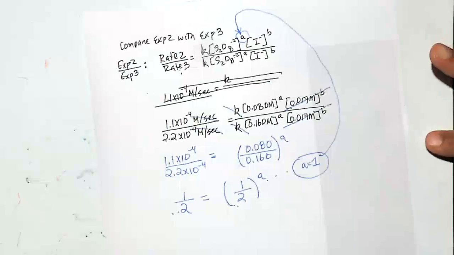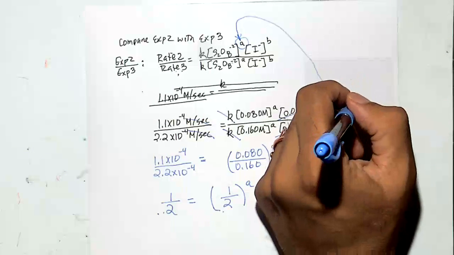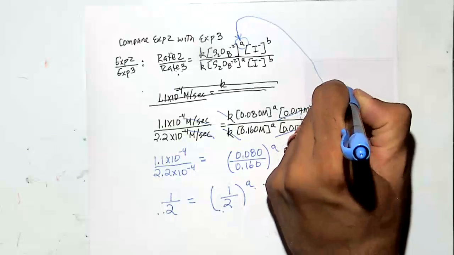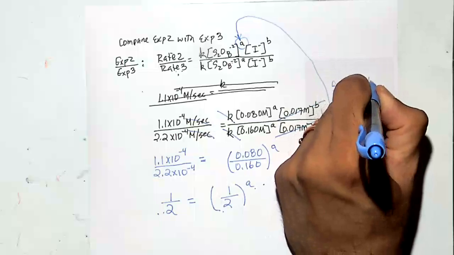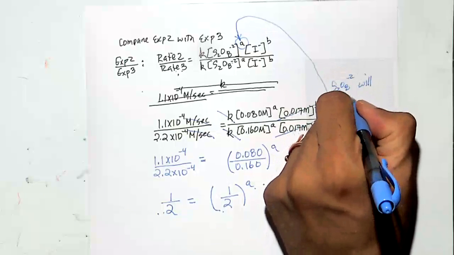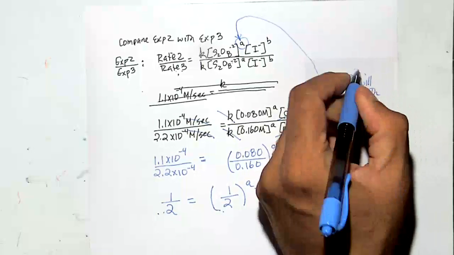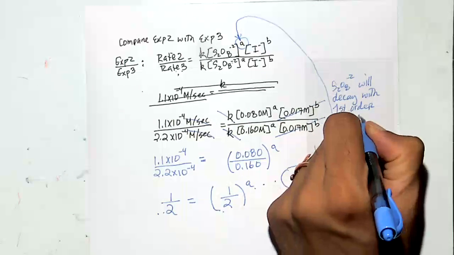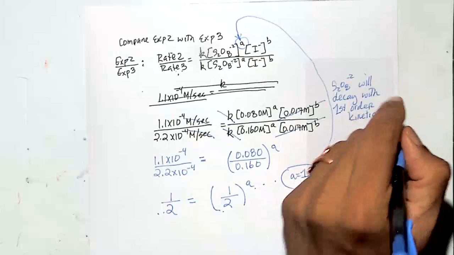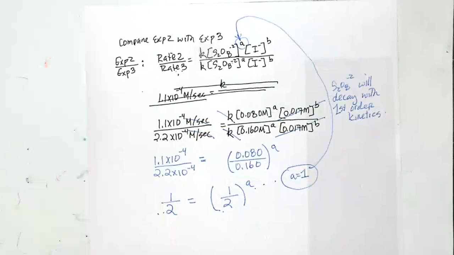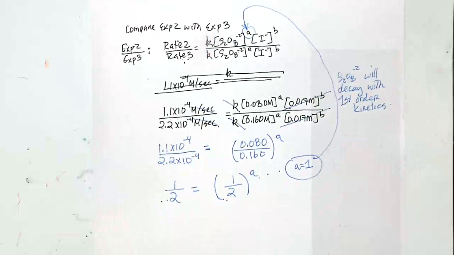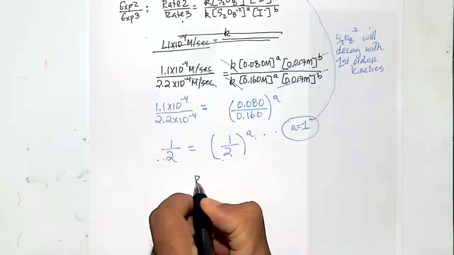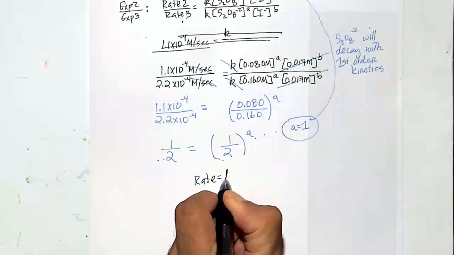So just like I minus, in this problem S2O8 minus 2 will decay with first order kinetics. Now let's write our equation. We're not done yet. Almost done. This is not our answer, by the way.